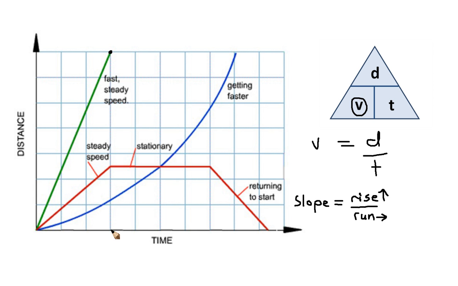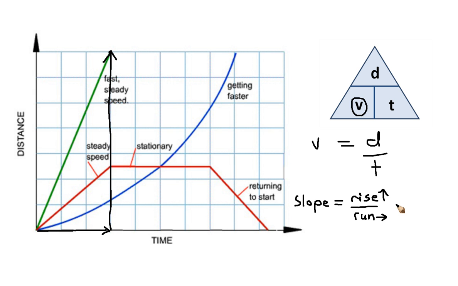So we've gone up, our rise, how many meters is this? 1, 2, 3, 4, 5, 6, 7. We've risen by 7 meters, and we've gone across our run. It's taken us 3 seconds to reach those 7 meters.